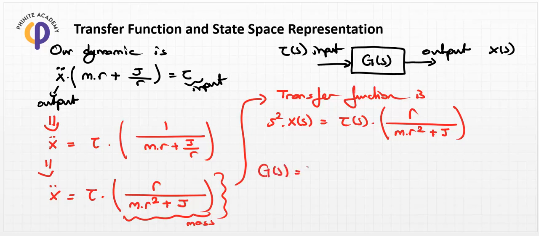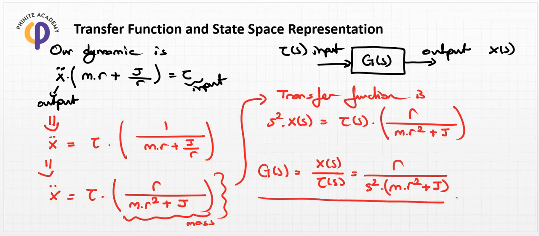G(s) is equal to the output divided by the input. X(s) divided by T(s) is obtained using this formula: s square goes to the left hand side, giving r divided by s square times (m r square plus j). This is our transfer function of the wheel system.